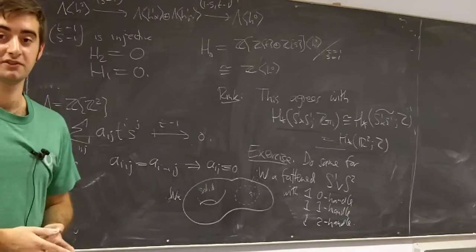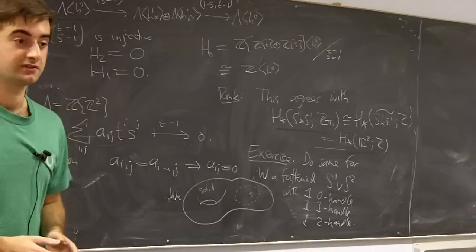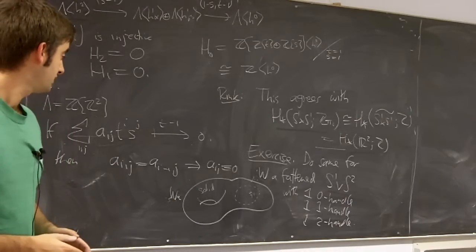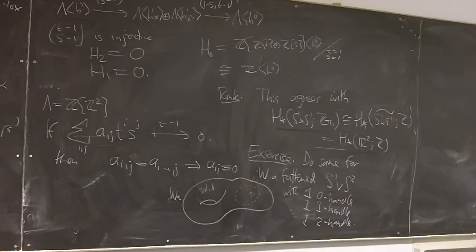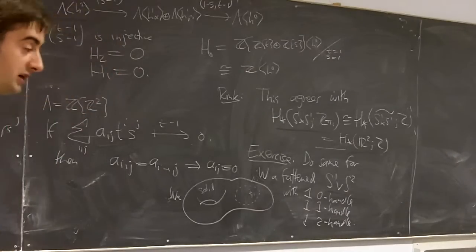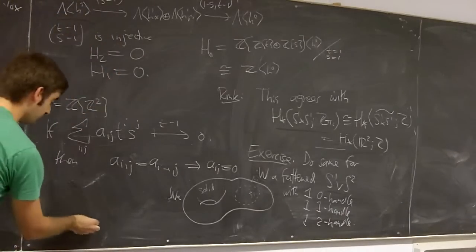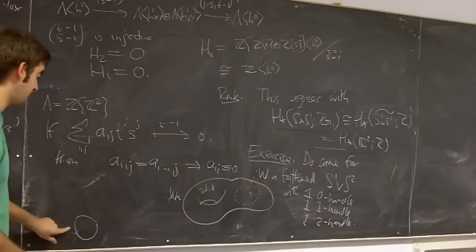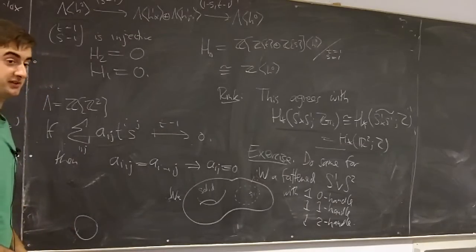Any questions? Is the cobordism from a sphere to a torus? Yes, or the empty set to the disjoint union of a sphere and a torus. Okay. Is that helpful in some way? It's just the way you want to build it up. I want to build it up by first starting with a ball. So we've attached a ball to the empty set, so we started with the empty set.